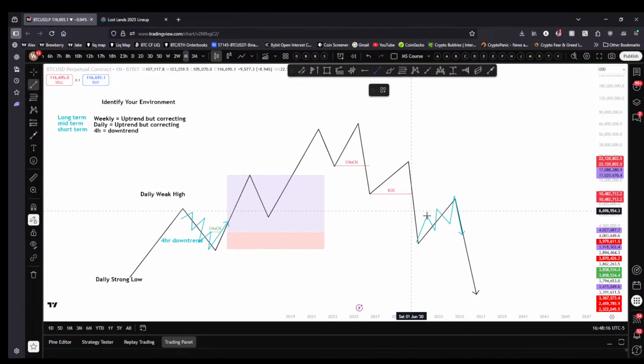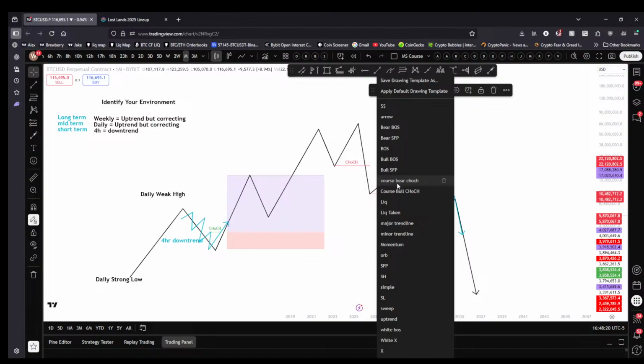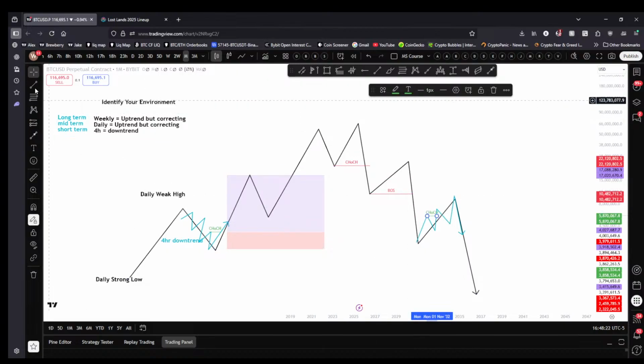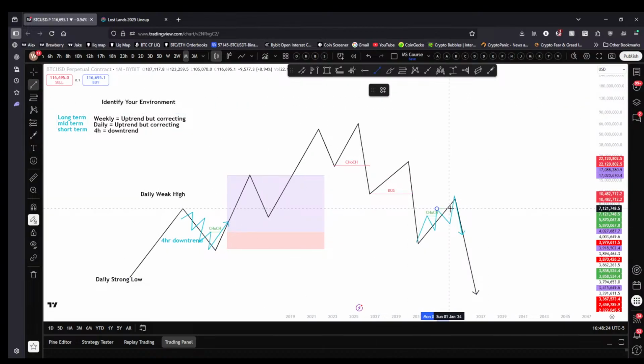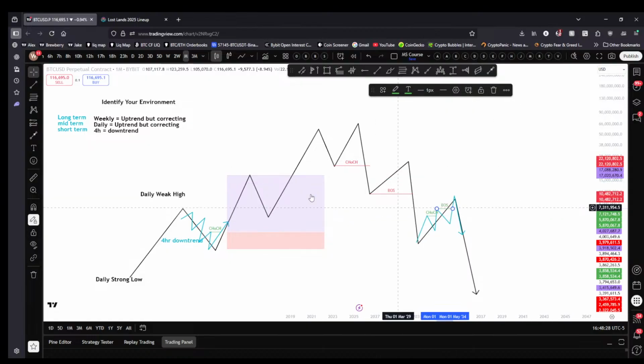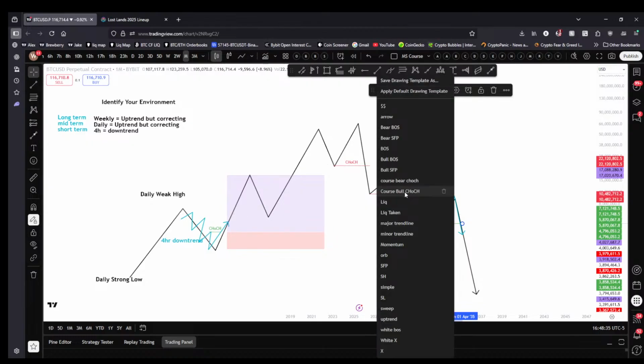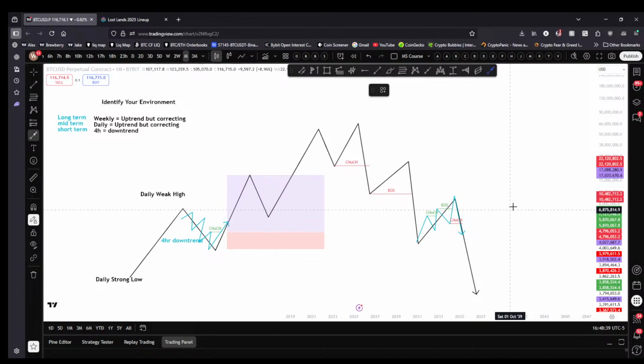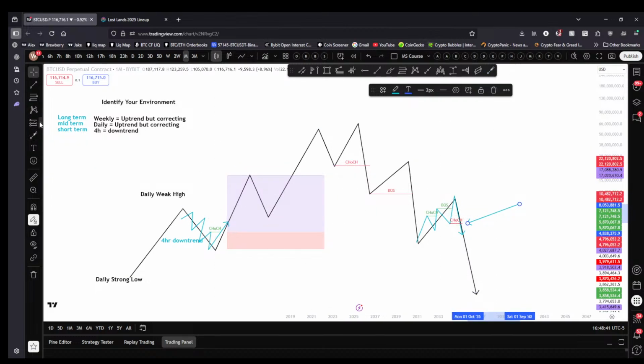This would be your internal bullish CHoCH. This would be your internal bullish break of structure. This would be your internal bearish CHoCH. And this would be the best entry.